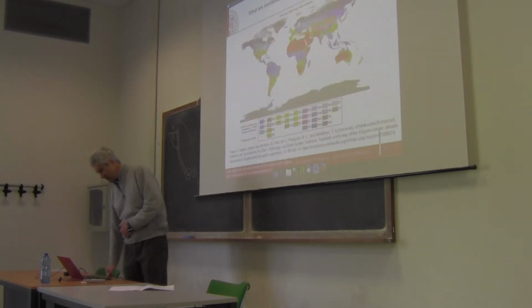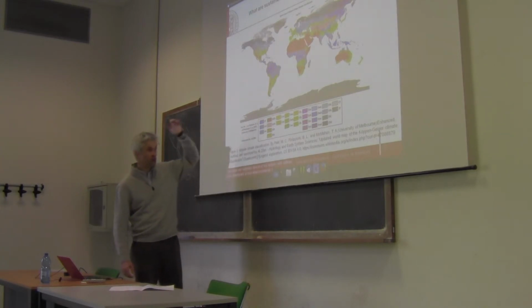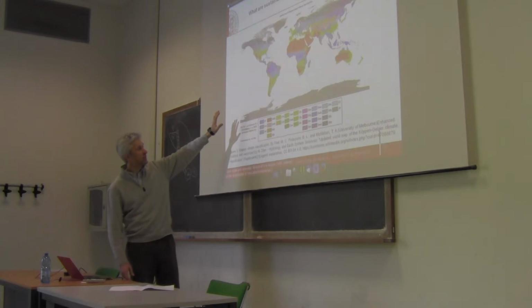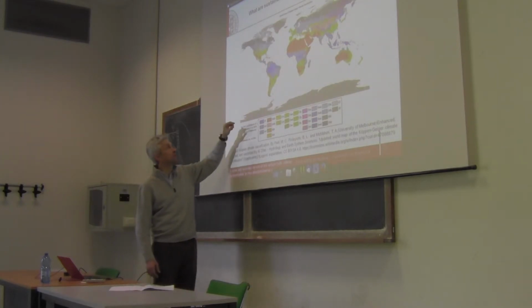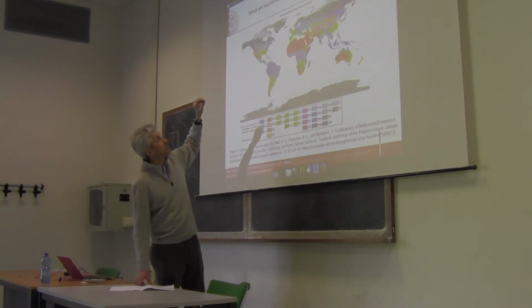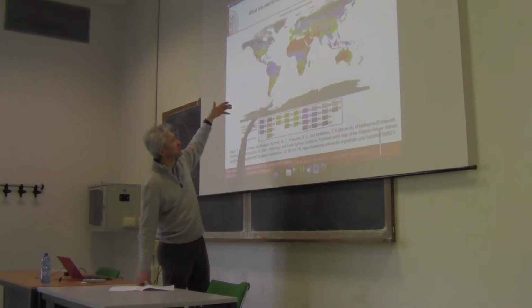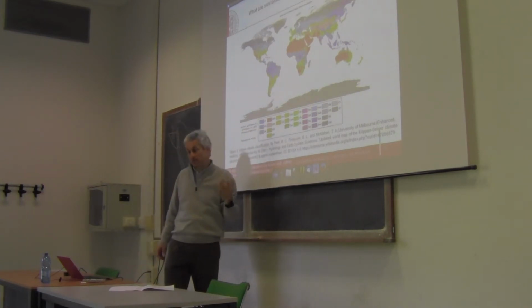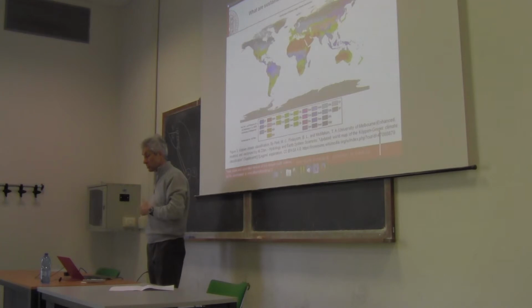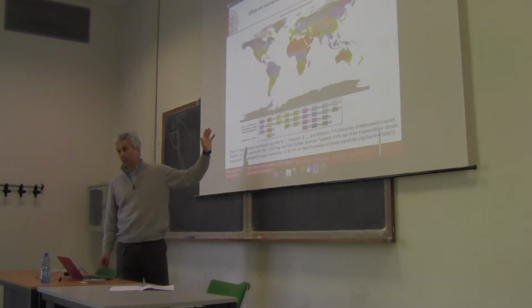Okay, let's see. This is a climate classification, proposed on the slides, and it is mainly based on the amount of precipitation. It's the most used climate classification at the international level.